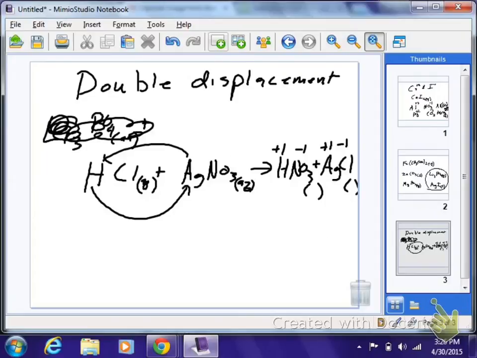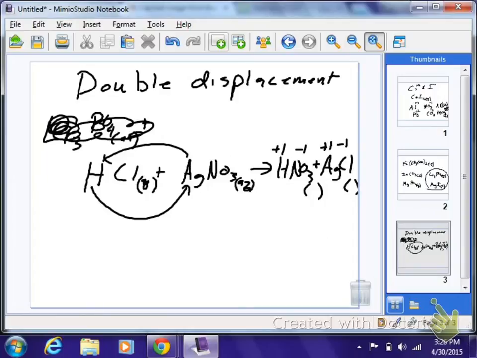And then we got the HCl. And if we put the HCl in the AgNO3, will they mix? No. Isn't that cool? A little lava lamp. Okay. So they don't mix.